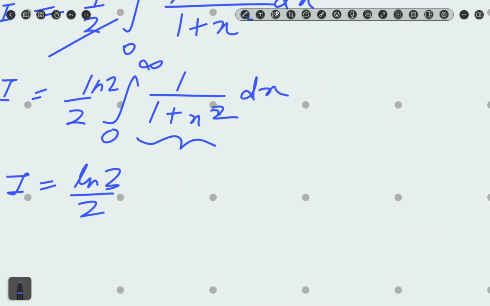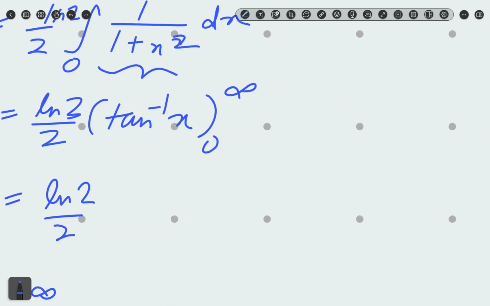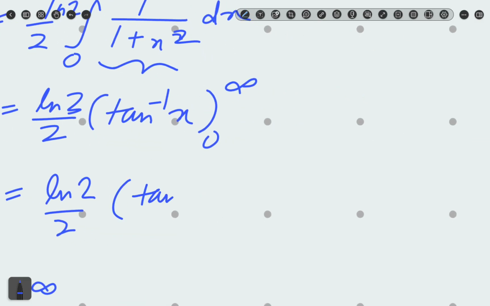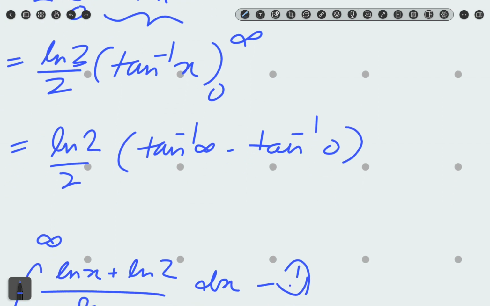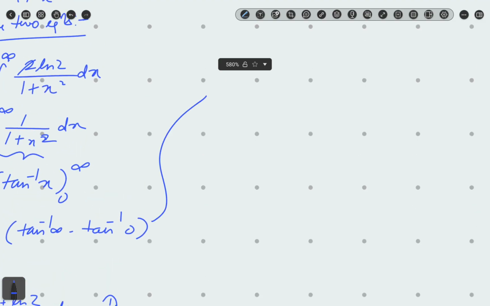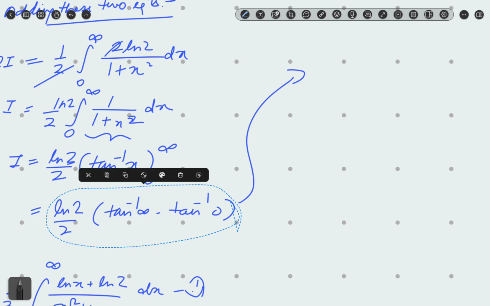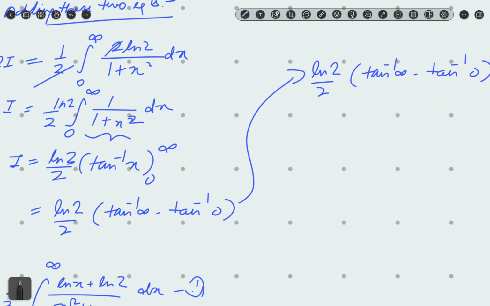Now this is a standard integral. This turns out to be ln 2 times tan inverse of x from 0 to infinity, so tan inverse of infinity minus tan inverse of 0, right.